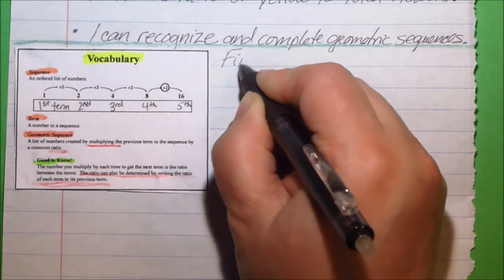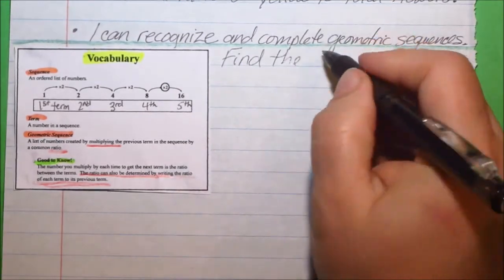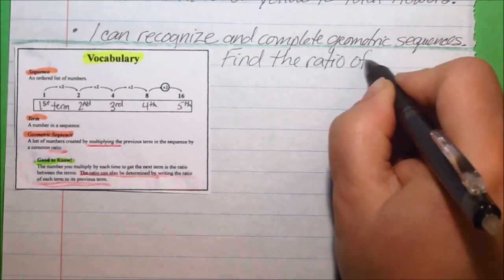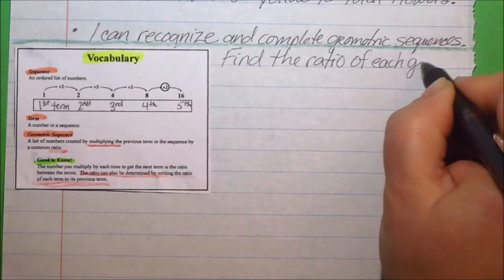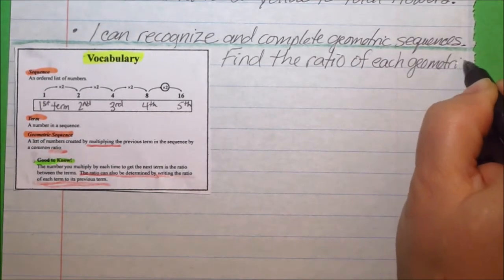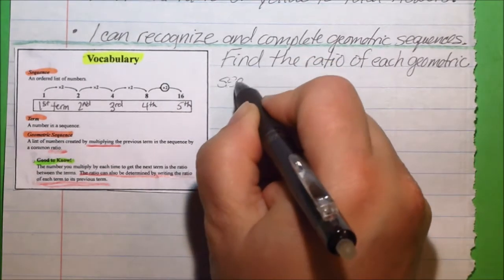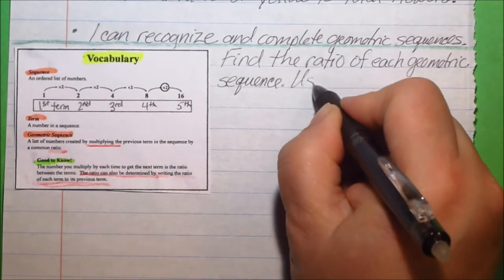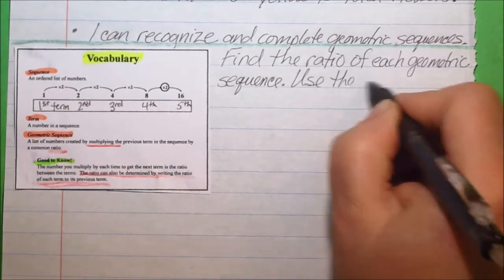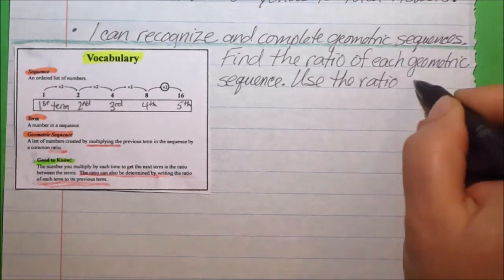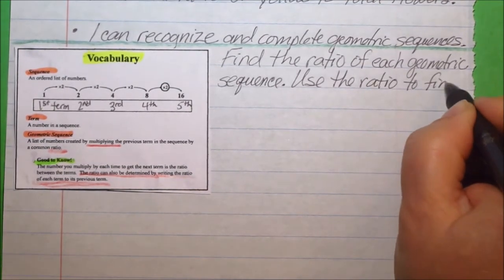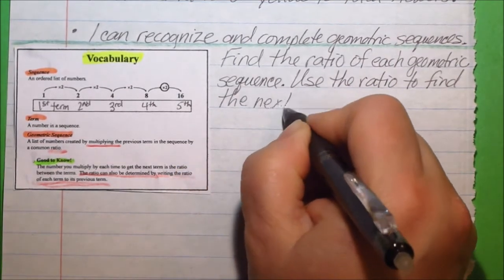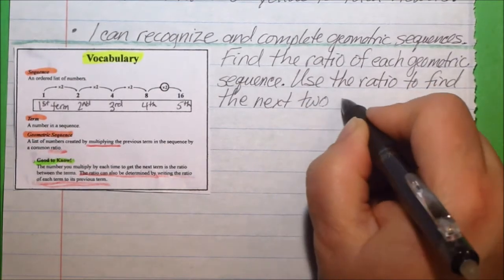Find the ratio of each geometric sequence. Use the ratio to find the next two terms.